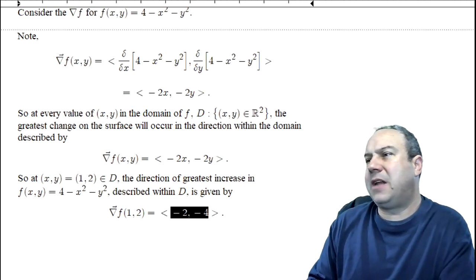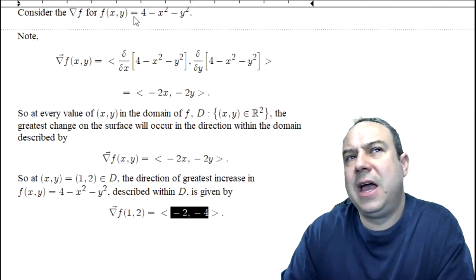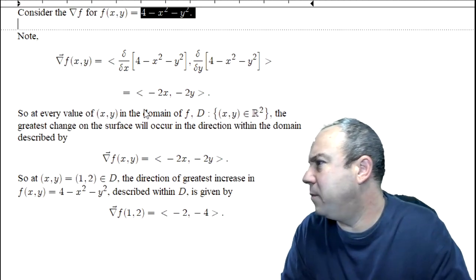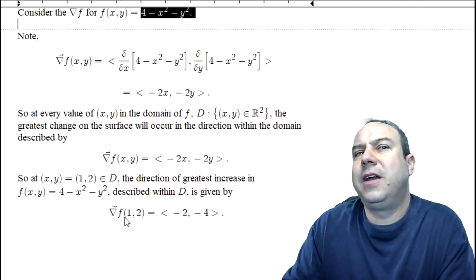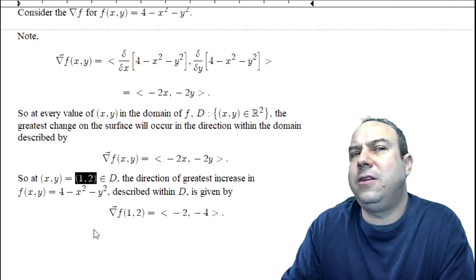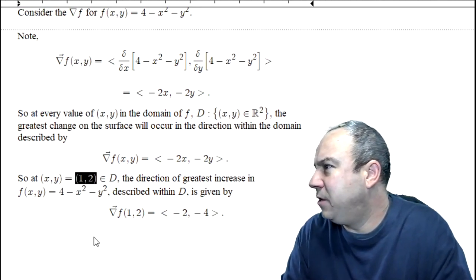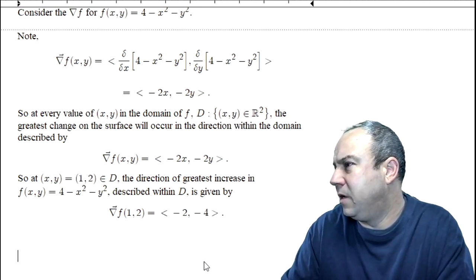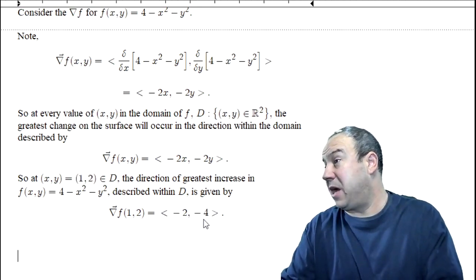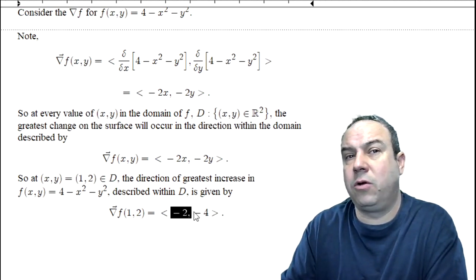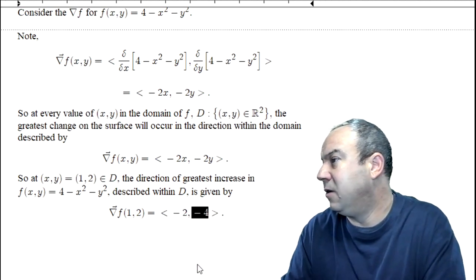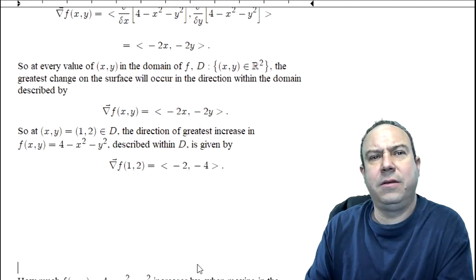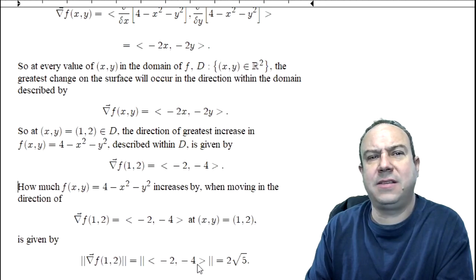That is the greatest rate of change on this surface, 4 minus x squared minus y squared, in the domain at the location of 1, 2. We would move in this direction. How much we would be changing by is the magnitude of that, which would be the square root of 4 plus 16, or the square root of 20, which would be 2 root 5 in value. And I do think I make that note next.